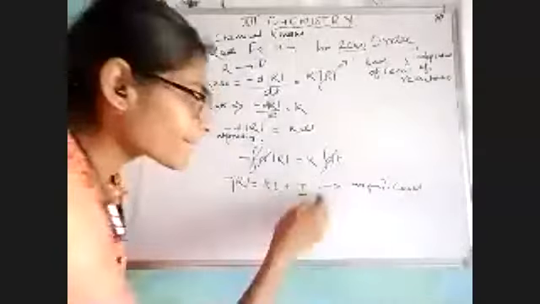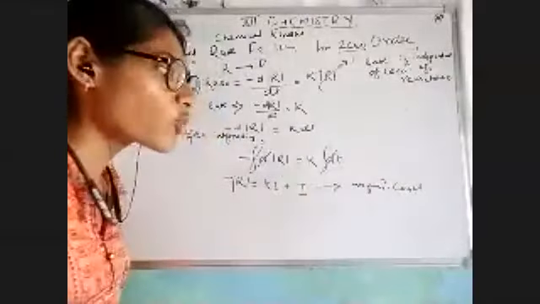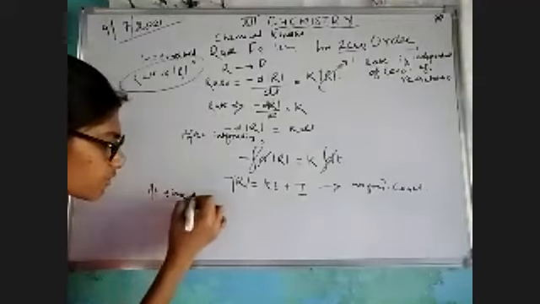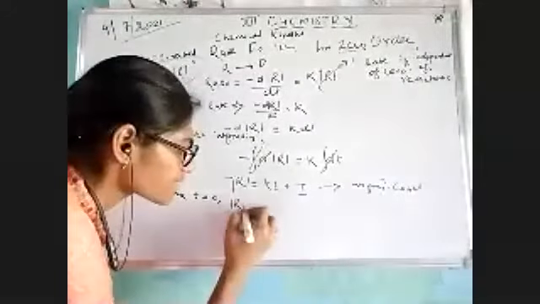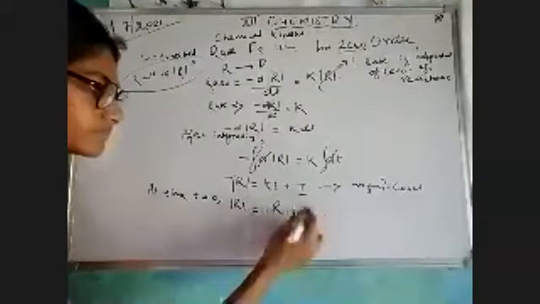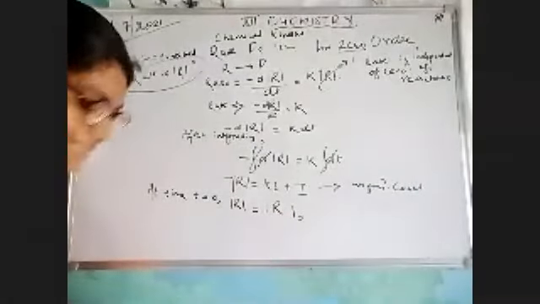Okay, so to remove this I, we will convert it into r naught. Let's see how we would do it. Suppose we are taking time t equals to 0, your concentration r would be equal to r naught. Can we say this?